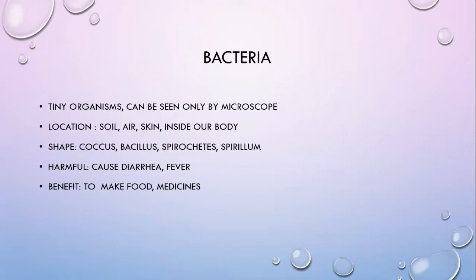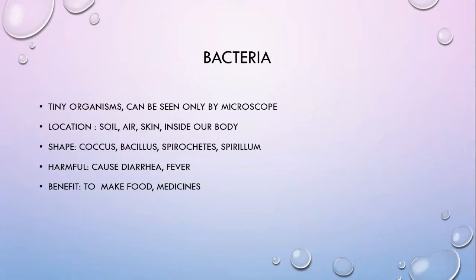Bacteria are actually tiny organisms which we need to use a microscope in order to observe them, meaning that we cannot see bacteria with our naked eye. The only way we can see this organism is by using a microscope.